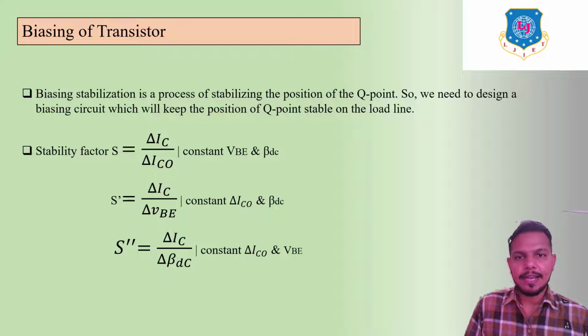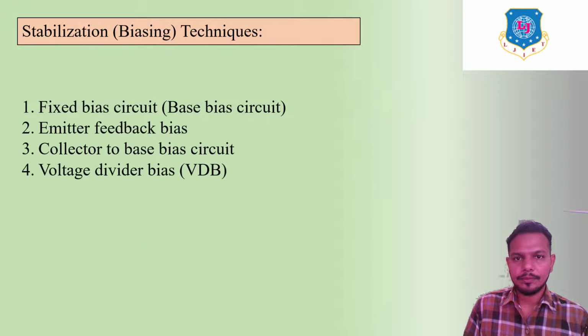Next, S dash is equal to delta IC upon delta VBE with constant ICO and beta DC. Third, S double dash is equal to delta IC upon delta beta DC with constant VBE and ICO. So these are the stabilization factors.